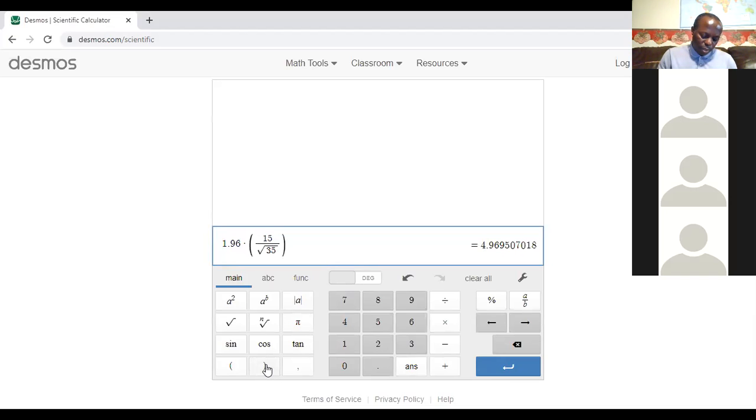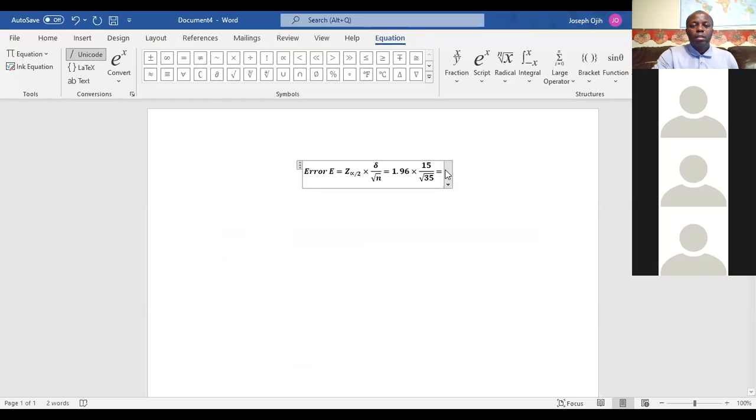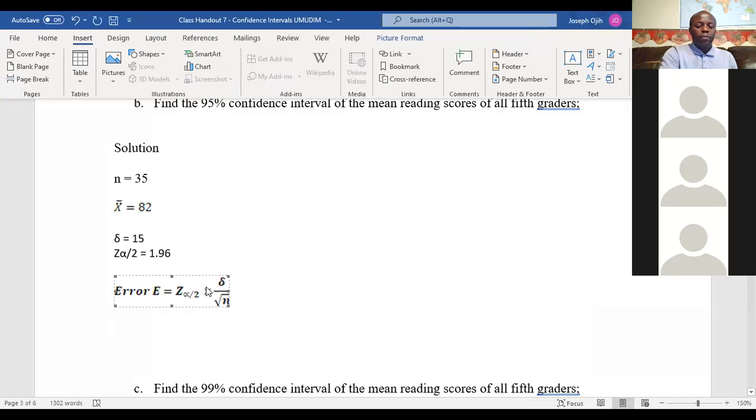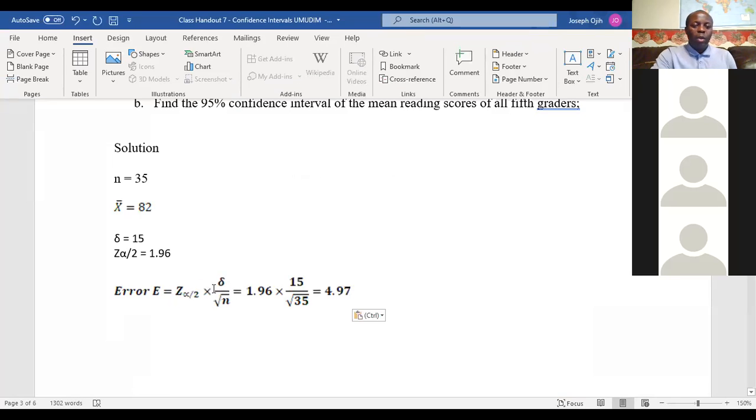It gave you 4.9695, so we round it to 2 decimal places, 4.97. I'm going to put it here, 4.97. So you can copy this and put it on the main workbook. So now we have our error.